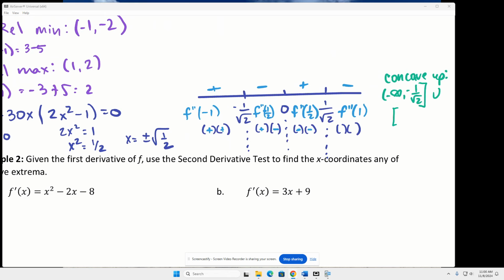And then between 0 and 1 over the square root of 2. All right, and then f is concave down when the second derivative is negative.